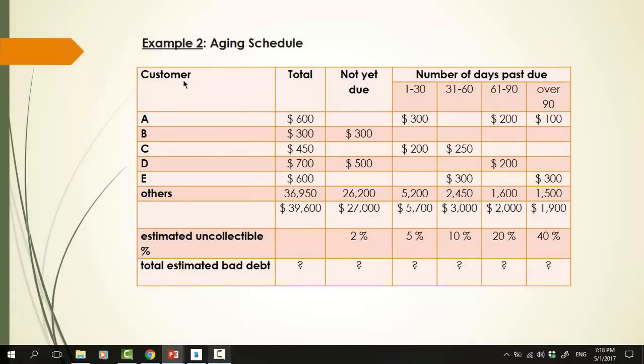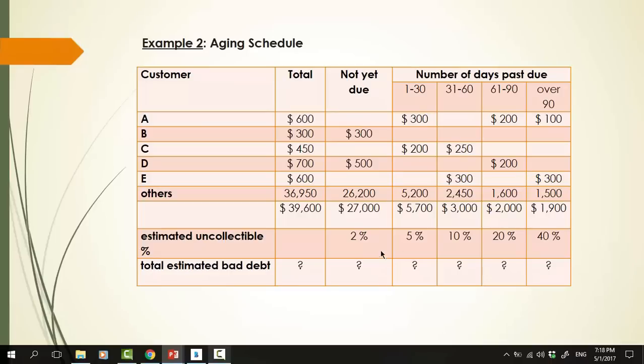Suppose this example, I am owed by customers A, B, C, D, E and others $39,600. Of the 39,600, $27,000 of the accounts receivable is not yet due. Then the estimated percentage to be uncollectible could be 2% or 1%, very little. The number of days past due: 1 day to 30 days, 30 to 60, 60 to 90, over 90.